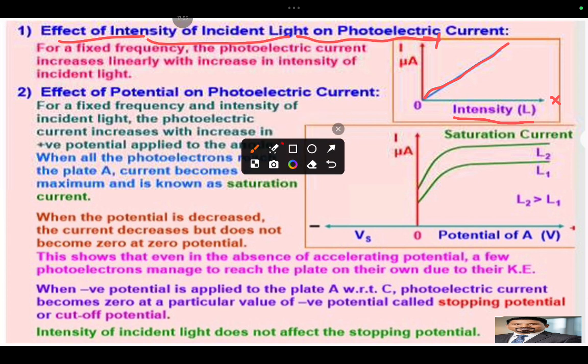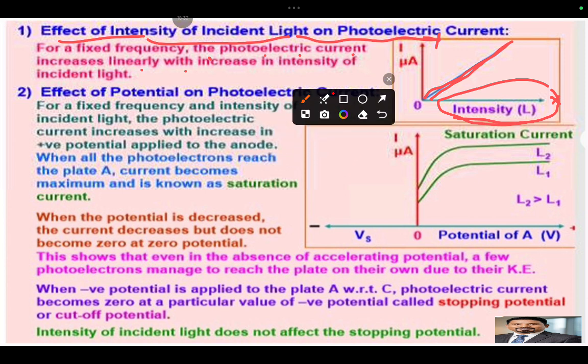For a fixed frequency, the photoelectric current increases linearly with increase in intensity of incident light. That means if the incident light increases, the photoelectric current also increases. This shows a proportional relation between intensity of incident light and photoelectric current.